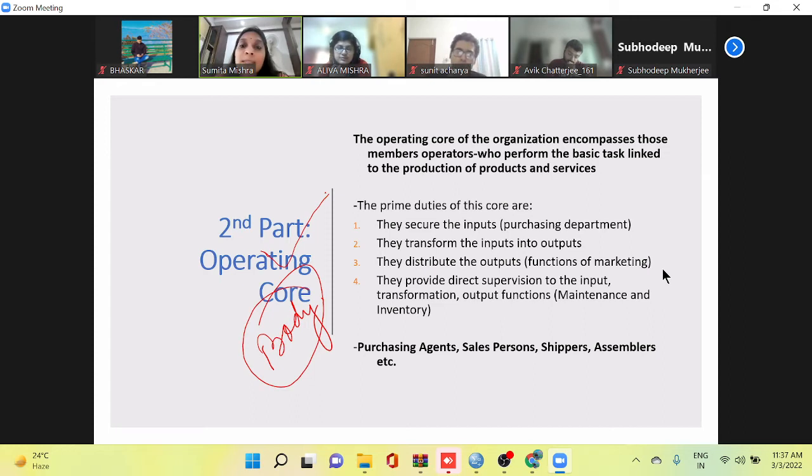Now, if you look at this, they secure the inputs. Inputs, for example, let us say our major inputs, our major stakeholders are the students. So we look at the admissions department, and admissions is a part of the operating core. Where do our roles come? They transform the inputs into the outputs. So the 2 years that you spend here, or the 3 years, or the 4 years, whatever number of time you spend here, the transformation from inputs to outputs is the job of a faculty.